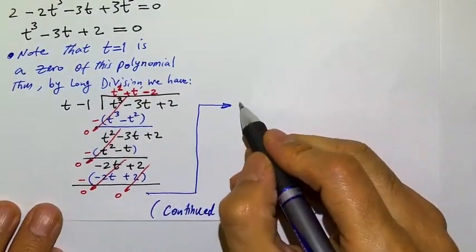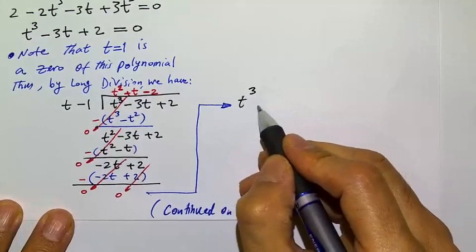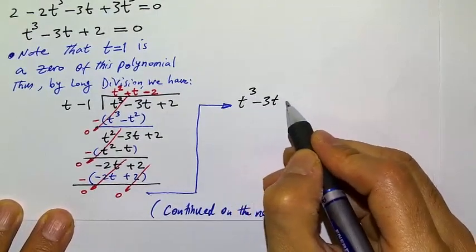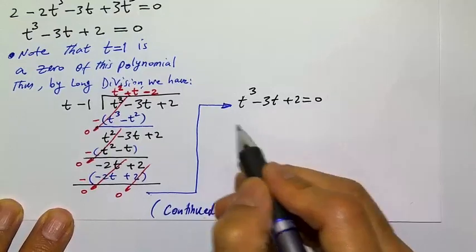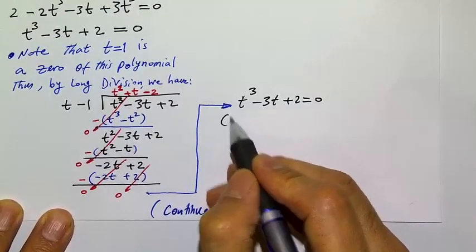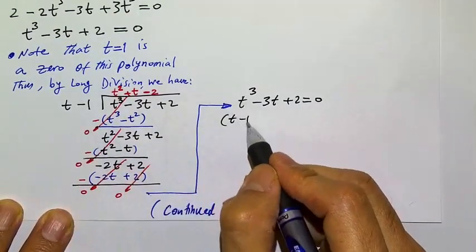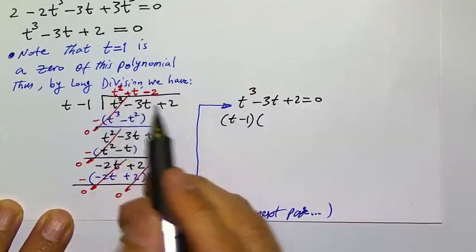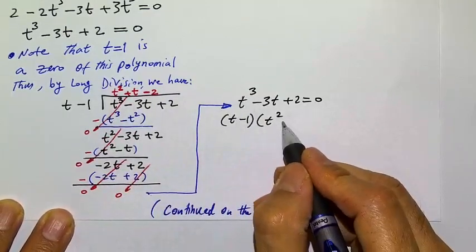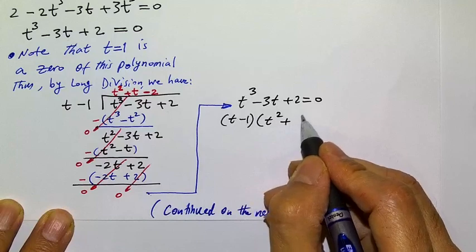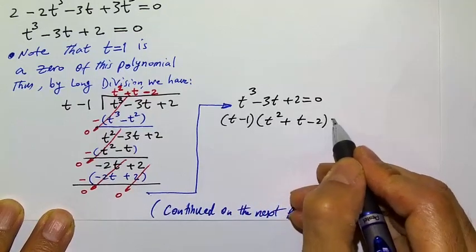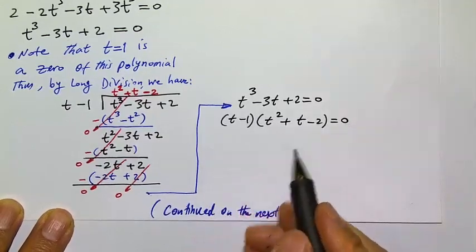So we have t cubed minus 3t plus 2 equals 0 can be written as t minus 1 times all of that, t squared plus t minus 2 equals 0, right?